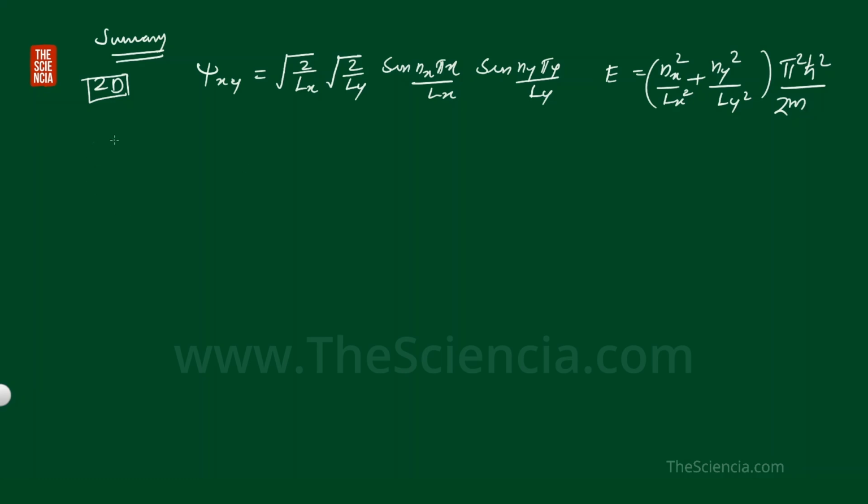And the degeneracy is 1 2 1 2 2 2. Okay, this is the order.